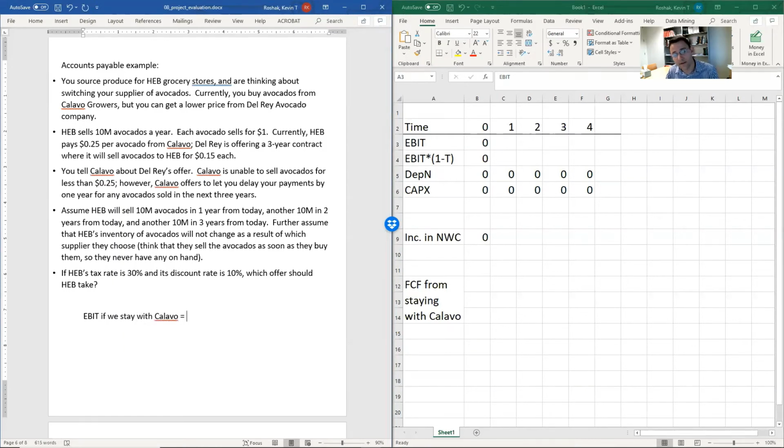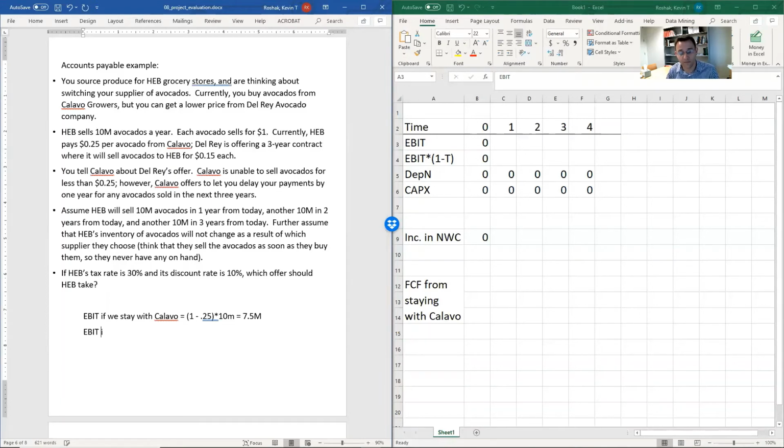You're selling each avocado for $1. They cost you 25 cents per avocado, so you're making a profit of 75 cents, and you're doing this 10 million times per year. Okay, so that's $7.5 million in EBIT if you stay with Calavo.